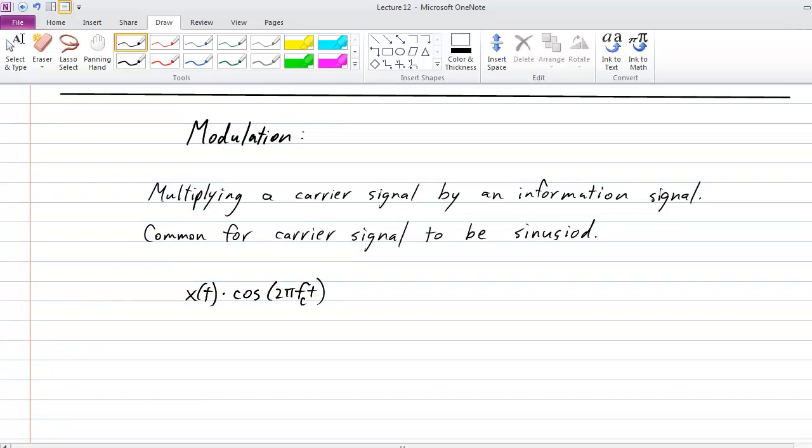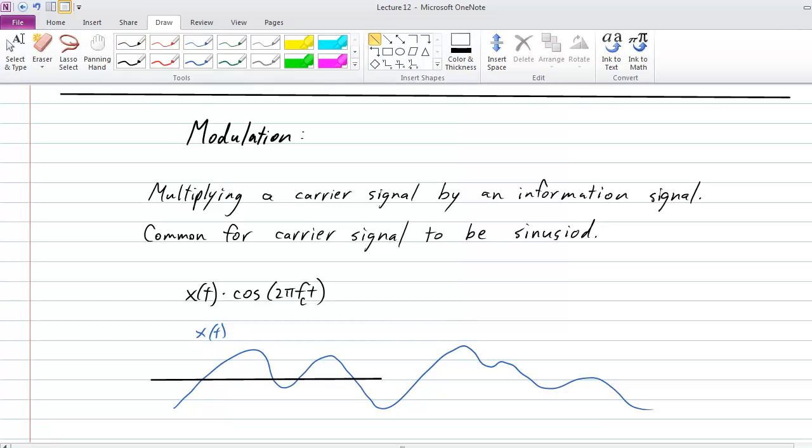Okay. So if we were to draw this out, let's say that this is x of t here. Let's say x of t looks like this. Here's the origin, and let's draw our zero line. And let's assume that the carrier frequency is very high compared to the frequencies of our signal here.